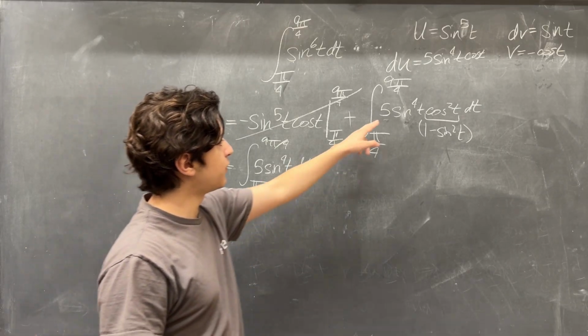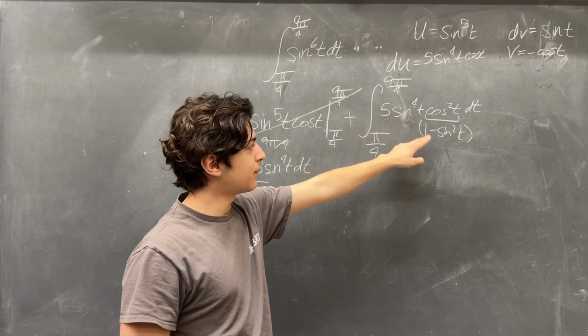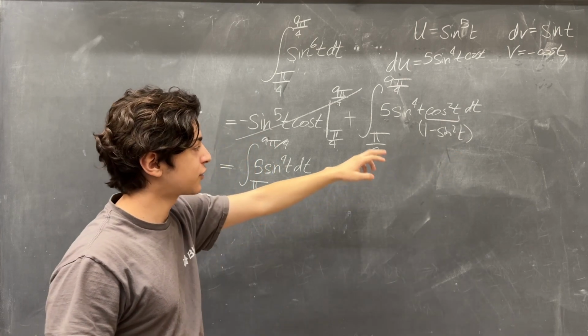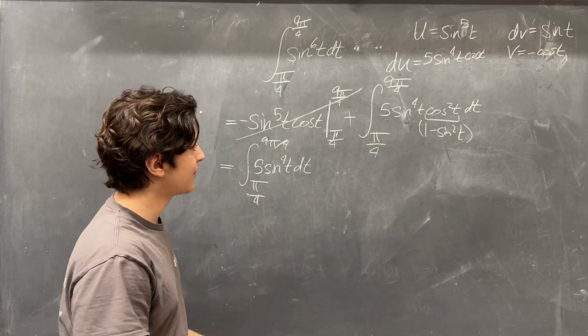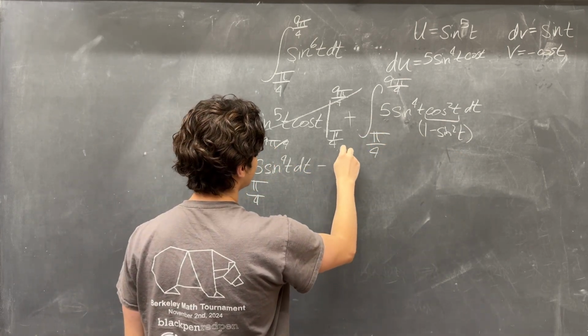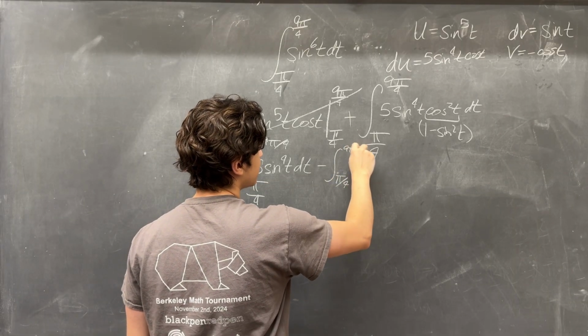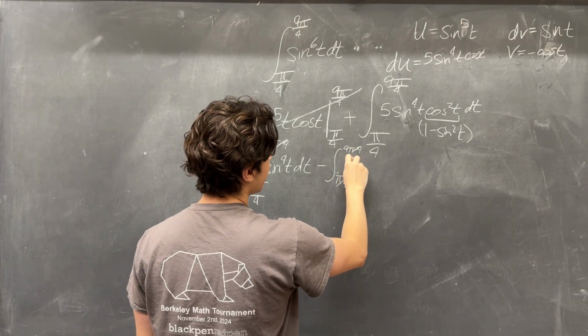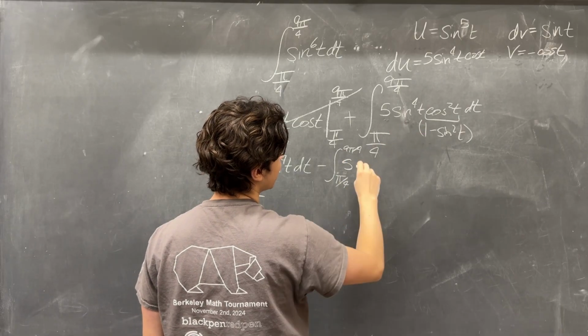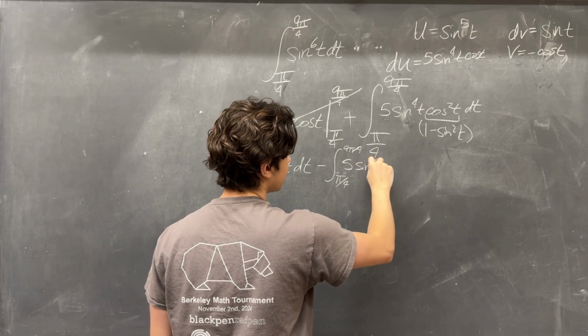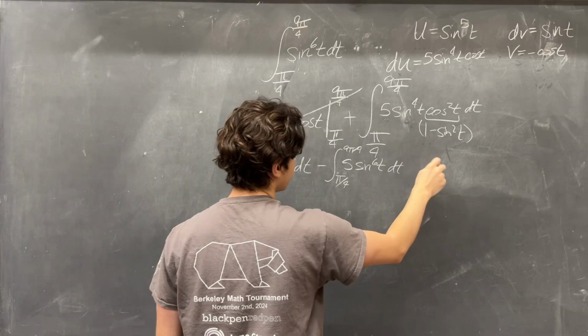And then if we do the other term, we have 5 times sine to the 4th t times a negative sine squared, my bad. So all in all, that would be minus the integral from pi over 4 to 9 pi over 4 of 5 times sine to the 4th times sine squared, which is sine to the 6th. And here we are.